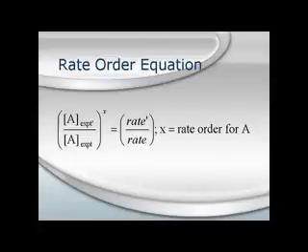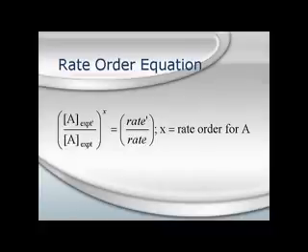Here's a generic rate order equation. So here we have the concentration of A from an experiment that I have marked prime over the concentration of A from another experiment raised to some power x is equal to the reaction rate for the experiment prime over the rate of the other experiment that we're looking at.